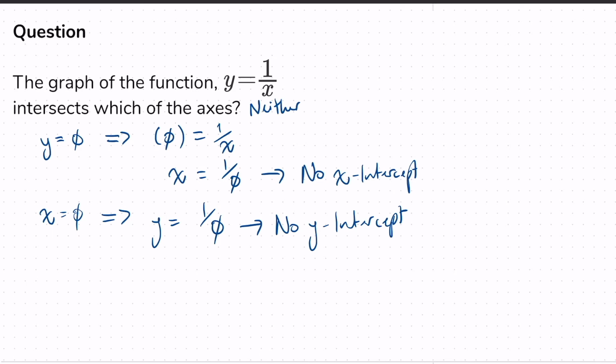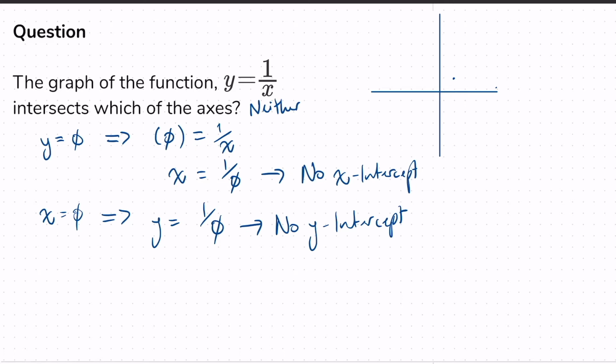You can see this if we look at the graph. If I move this down a little bit, 1 over, let's say x is 100, well, that's a really small amount, right? So that's somewhere down here. But as x gets smaller, so 1 over 1, well, that equals, let's say that's 1 there. And then 1 over a half, it actually starts increasing.